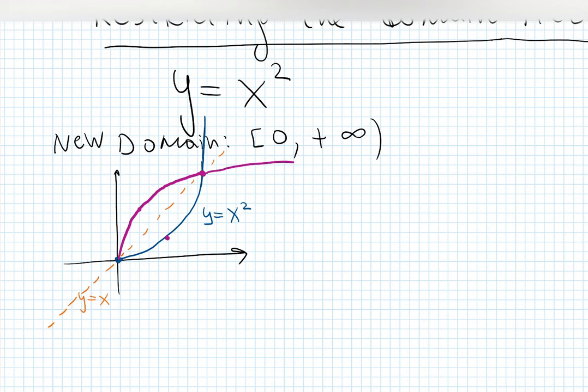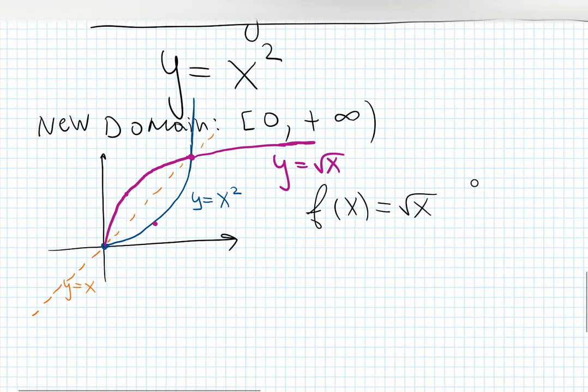And this purple part exactly looks like what? Y equals square root of x. Make sense? You remember how y equals square root of x looks like. So f of x is square root of x. That's a new function. We basically just created it.